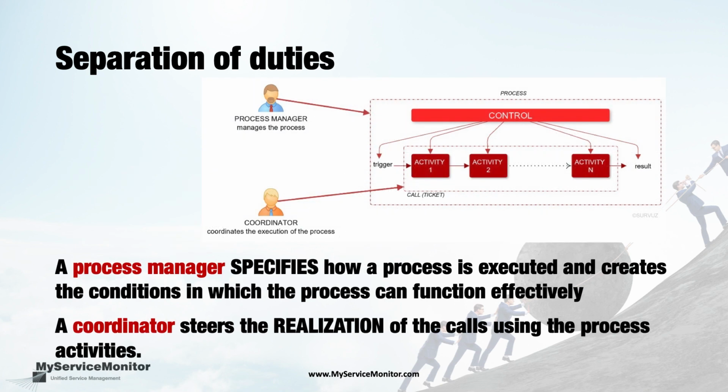For example, the USM method offers guidance on the separation of duties from a process perspective. The process manager manages the process. He or she specifies how the process is executed. And the coordinator coordinates the execution of the process, which realizes the process objectives.